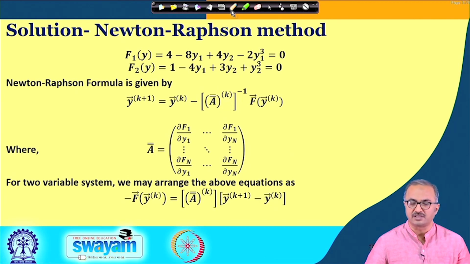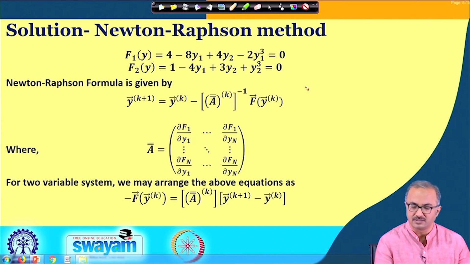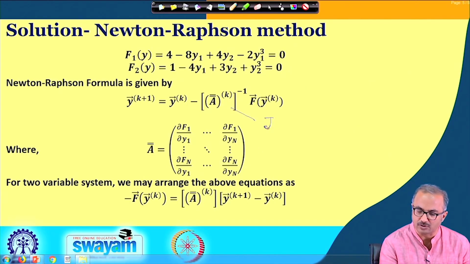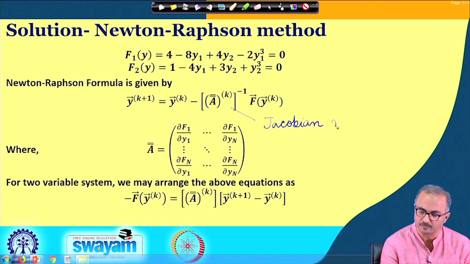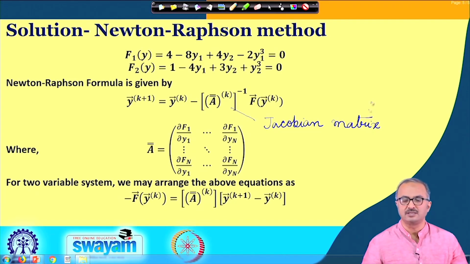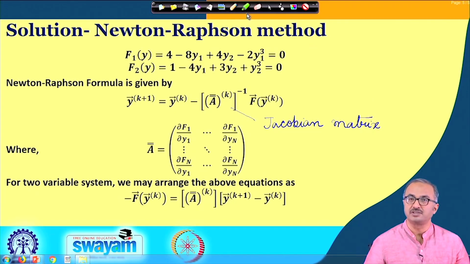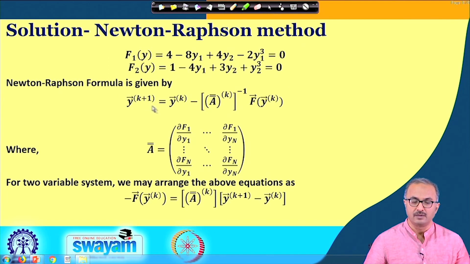For your recollection, I just write that this is the Jacobian matrix, and this is the matrix of the partial derivatives. So we need the Jacobian whenever we have a multivariable problem for the Newton-Raphson method, and we find this Jacobian from this expression.